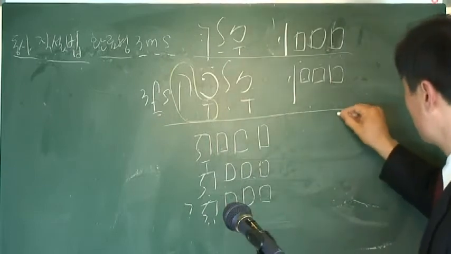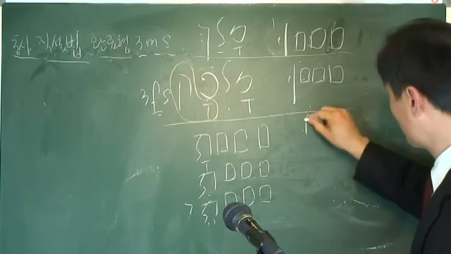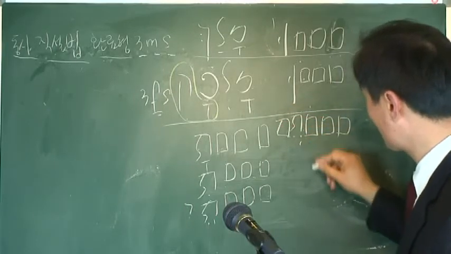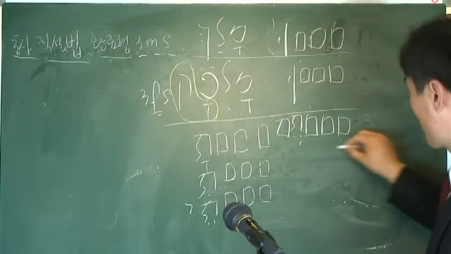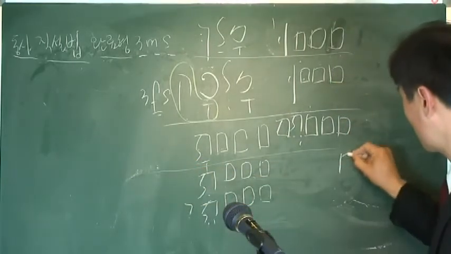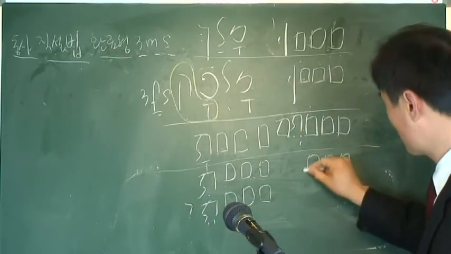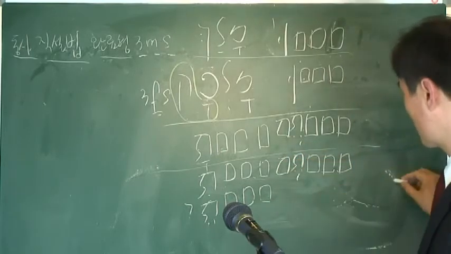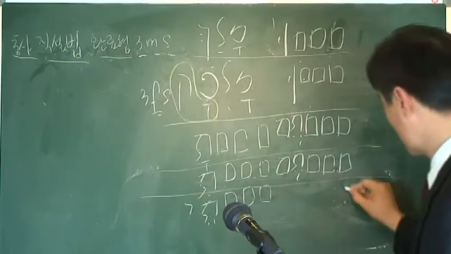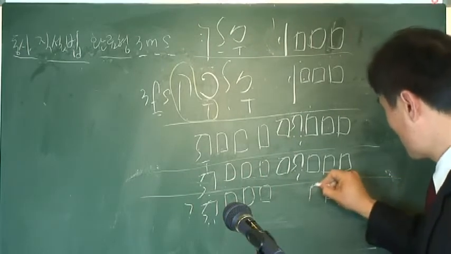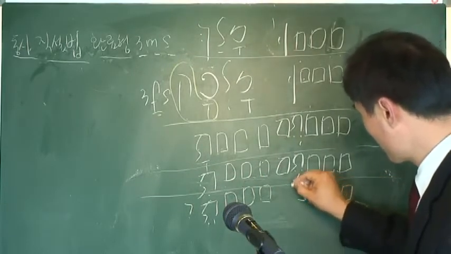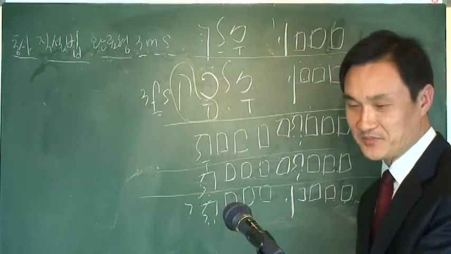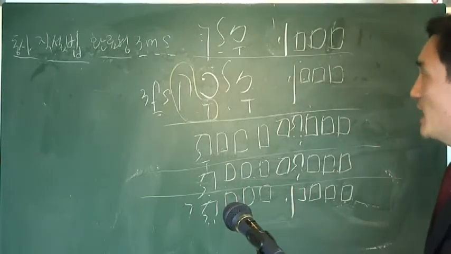U, and then tem. Next, ten. Then nu. Rewrite them like this.